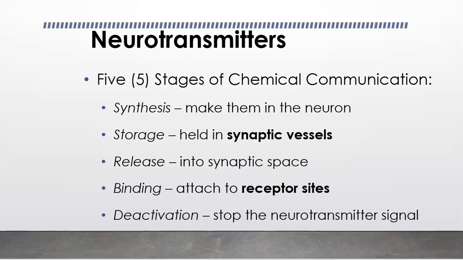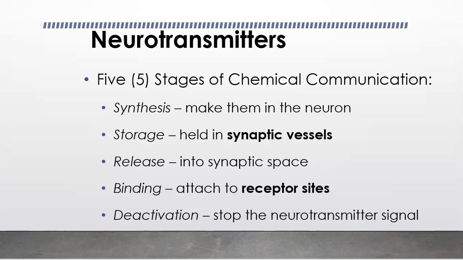Step 2 is storage. So once we have the neurotransmitters made, then we're going to hold them in what we call synaptic vesicles until we're ready to use them. So they're kind of just packed into, kind of think of a suitcase. We just put them in a suitcase or a box until we need them.